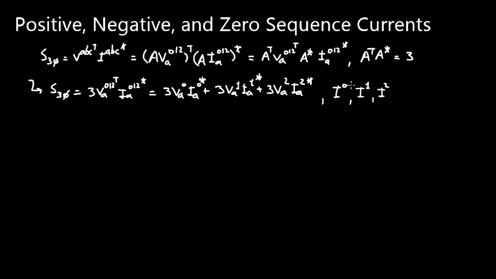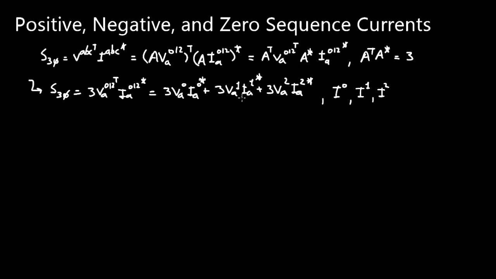But it's implied that you're talking about the A phase. Hardly ever would you see in industry that people call the positive sequence current IA1 or IB1 or IC1. You almost always use the A phase, and you use this notation, and you just imply that you're talking about the A current.